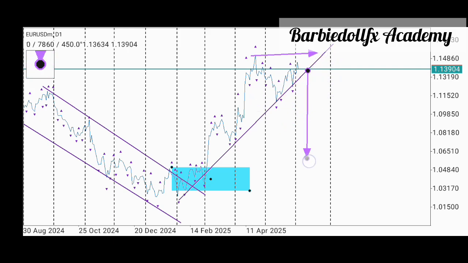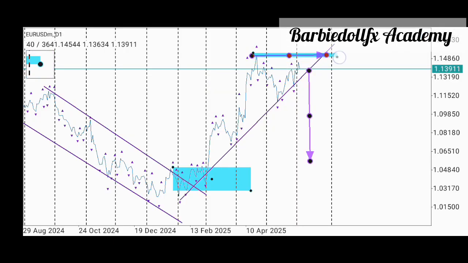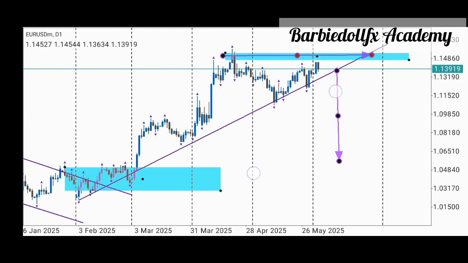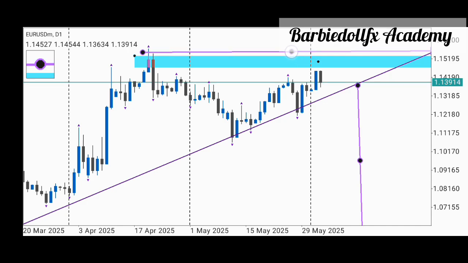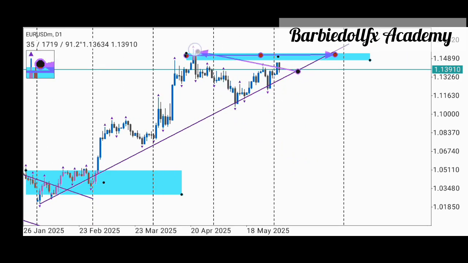So now we still have a high that has not been broken here, and this high that has not been broken, remember, is still a supply zone. When you change it to normal candlestick, you will see that there's a last candle before the push down. So price can actually tap here and push down without breaking this high.